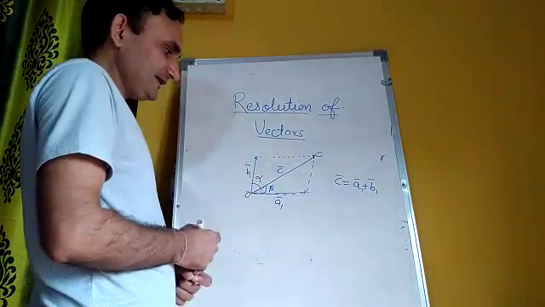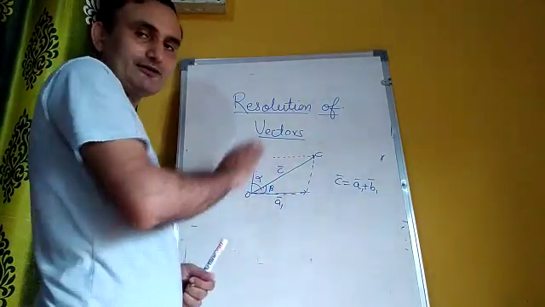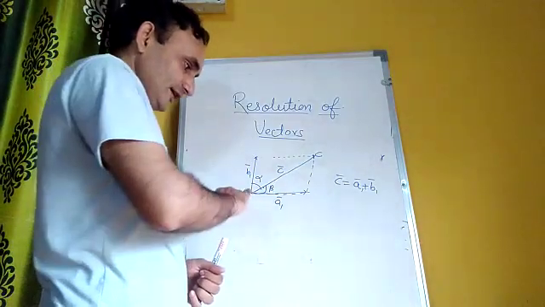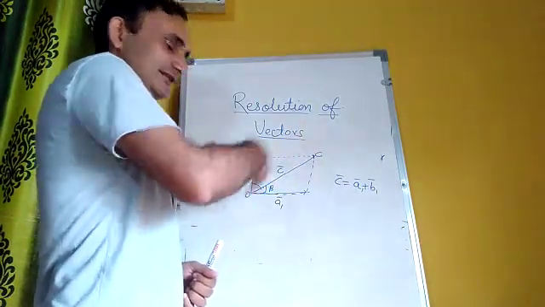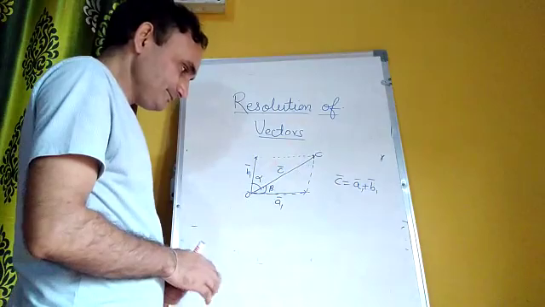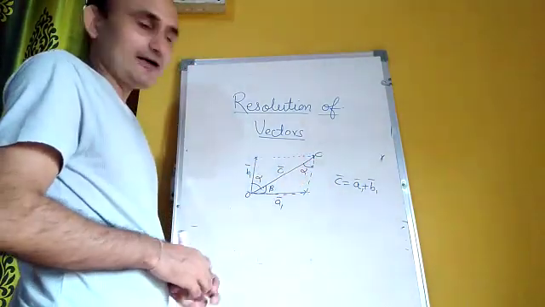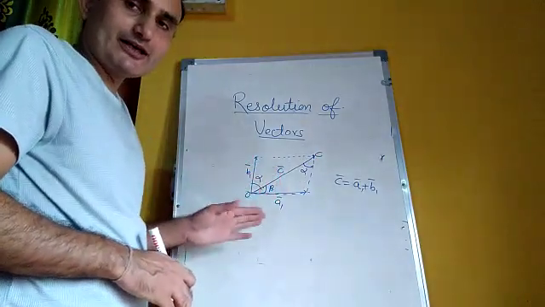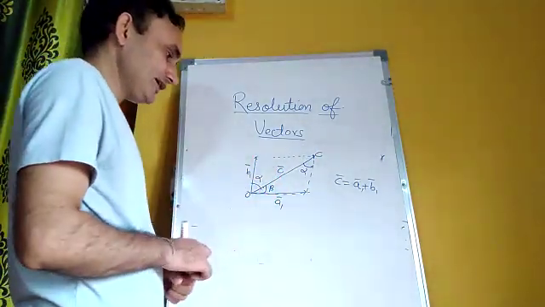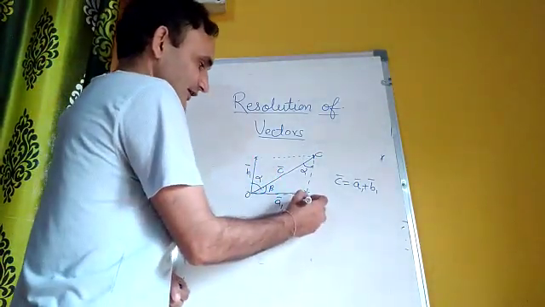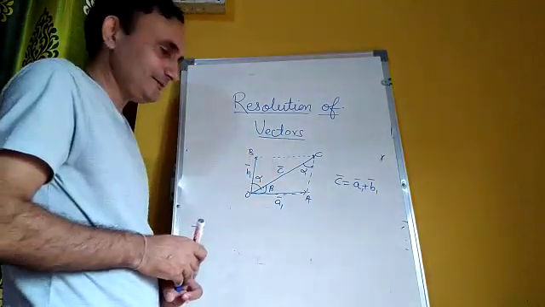If this angle is beta, we know this is a parallelogram, and in a parallelogram the opposite sides are parallel, hence this angle alpha will also be equal to this angle alpha. We call these the alternate interior angles. Now let us name this A and this B.